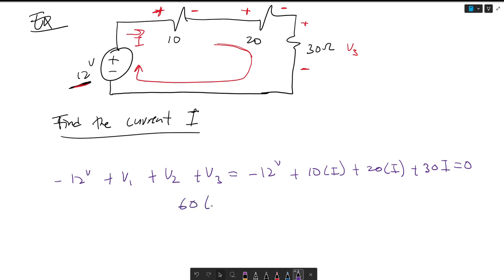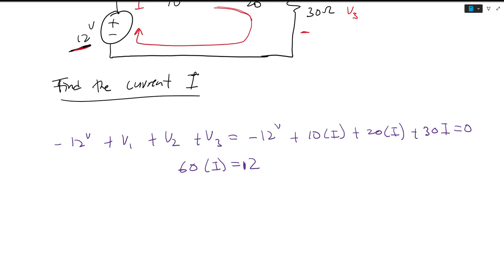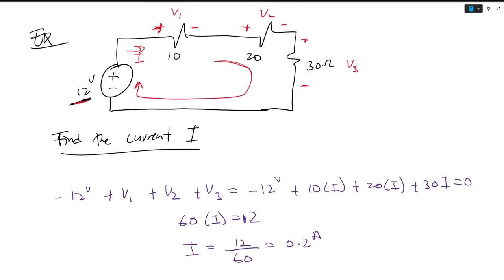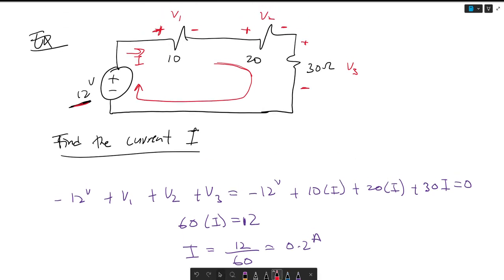Again, this is 60 times I is equal to 12. And that means that I is equal to 12 over 60, which is equal to 0.2 amps. So the current flowing through this loop, I, is equal to 0.2 amps.